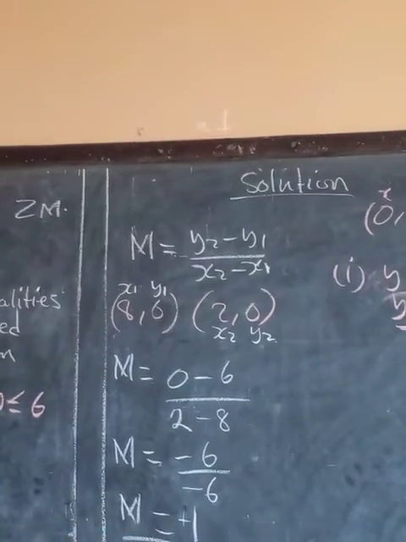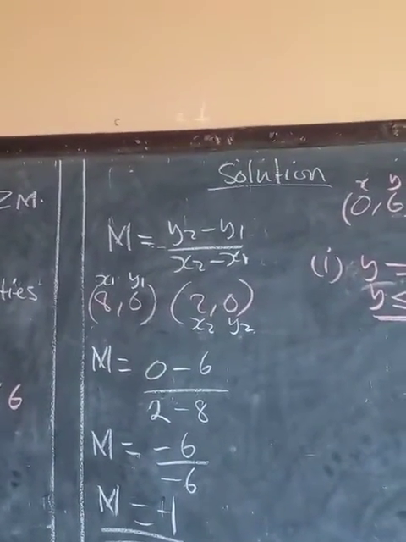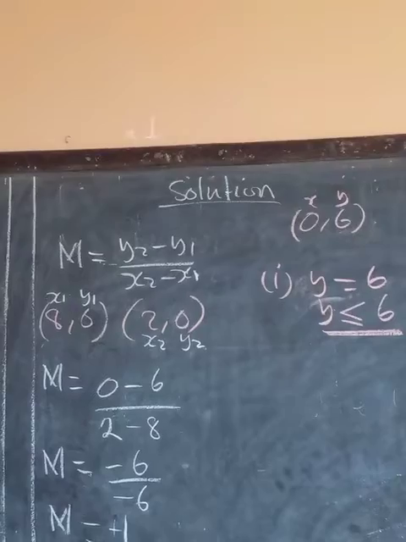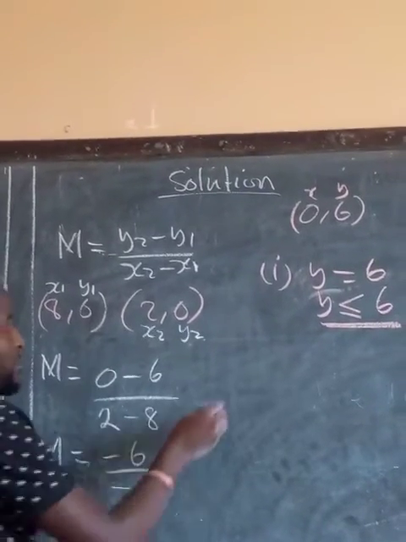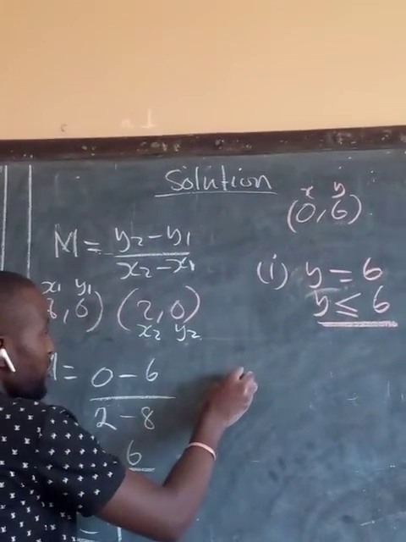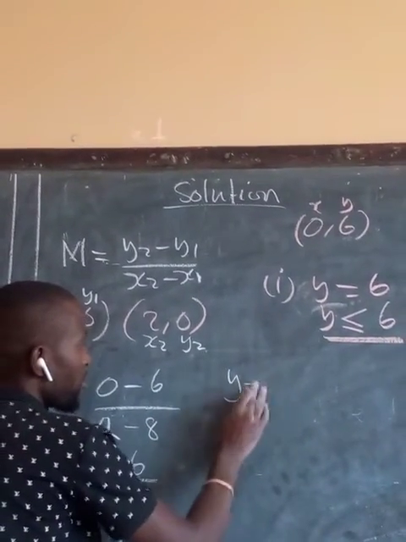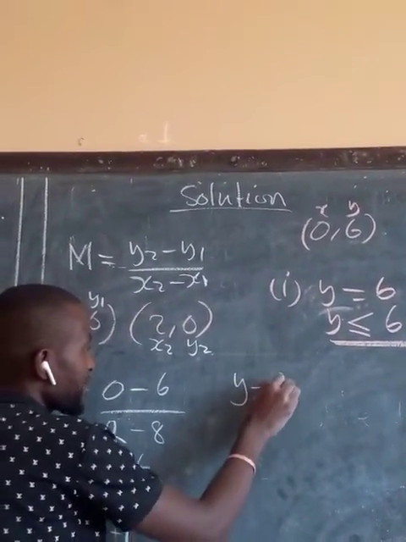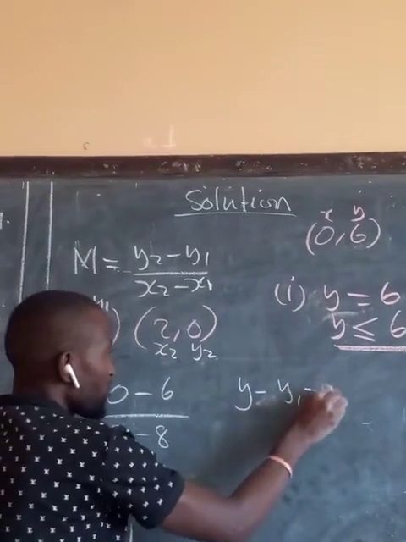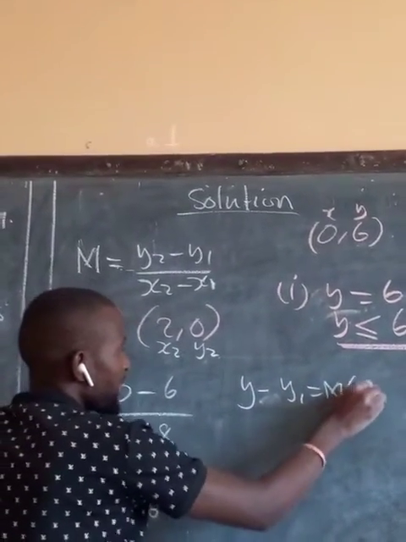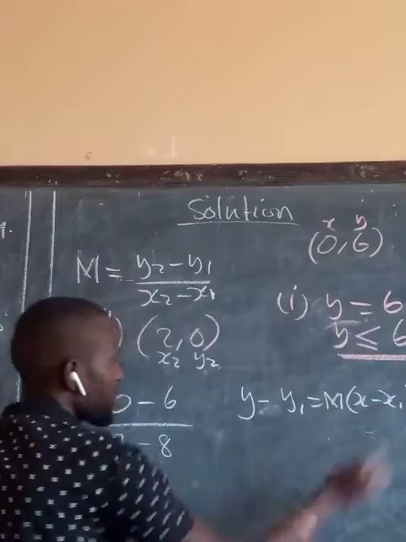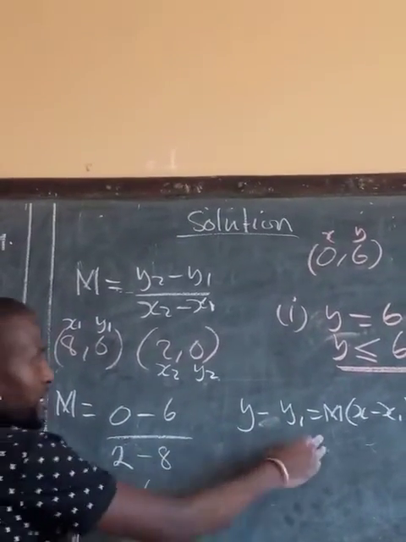Once you have found your gradient, you can easily find the equation of a line by writing the formula of the equation of a line: y minus y1 is equal to the gradient, open bracket, x minus x1. Hence, let's replace.